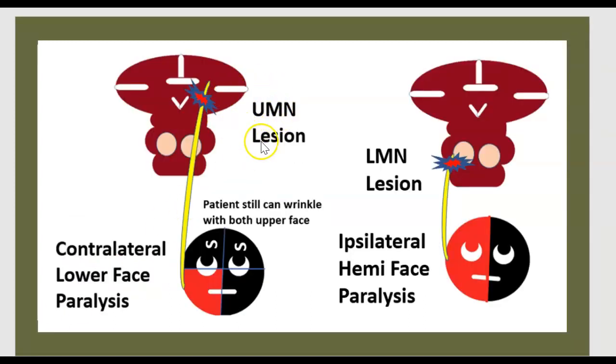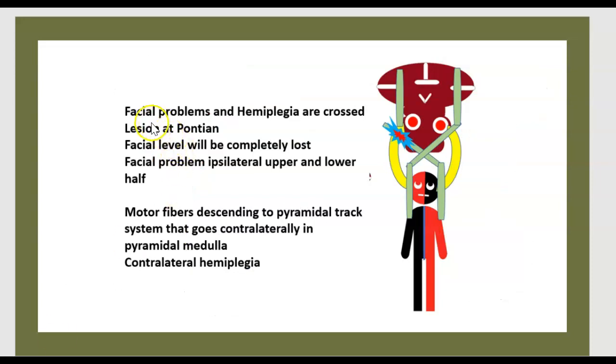Upper motor lesion, contralateral lower facial palsy. Lower motor lesion, ipsilateral hemifacial palsy. Facial palsy and hemiplegia are crossed.